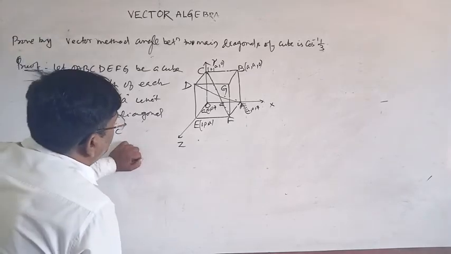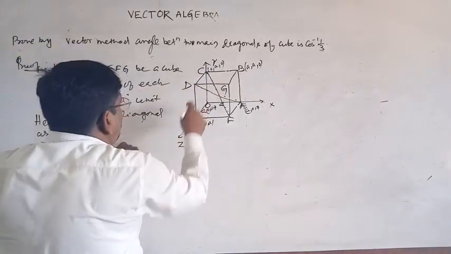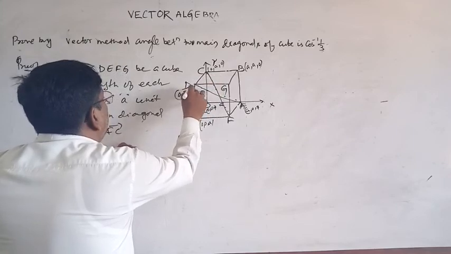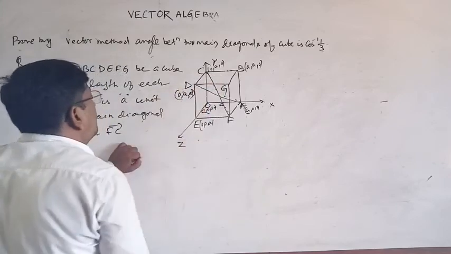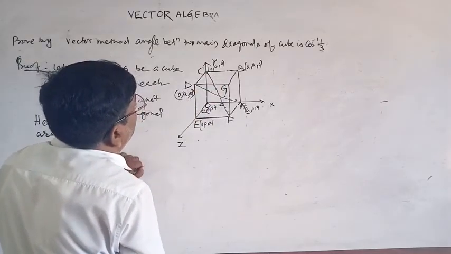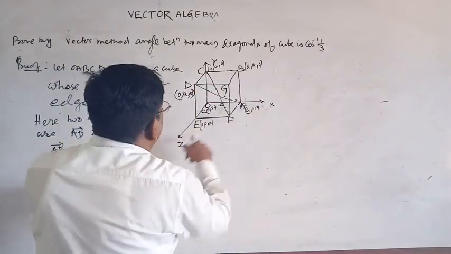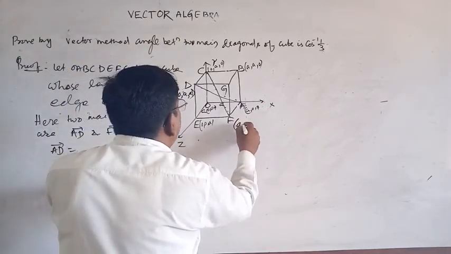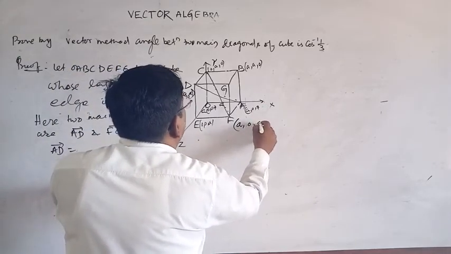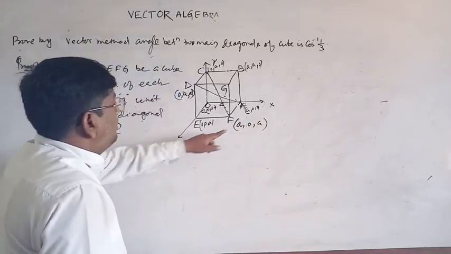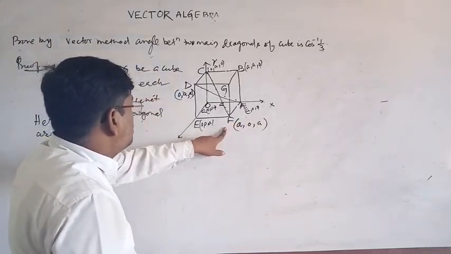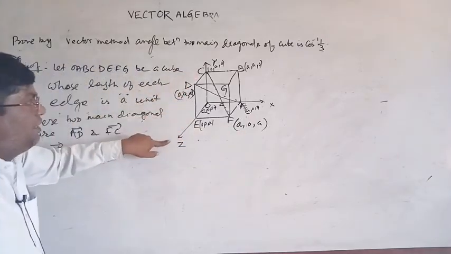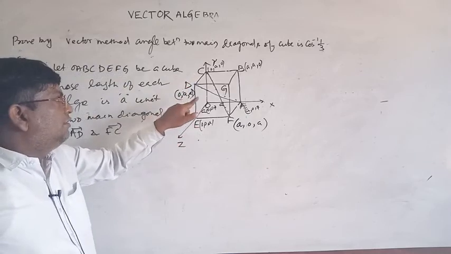What is the coordinate of D? That is on the YZ plane, so the X coordinate is 0: (0, a, a). And point A lies on the XZ plane, so its Y coordinate is 0: (a, 0, a).